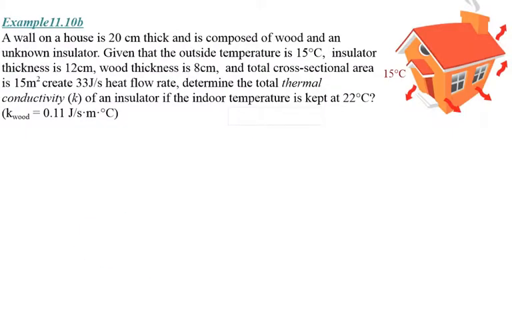In this question, they say a wall on a house is 20 centimeters thick and is composed of wood and an insulator. Given that the house temperature is 15 degrees Celsius, insulator thickness is 12 centimeters, wood thickness is 8 centimeters, and total cross-sectional area is 15 meters squared, and they give you a 33 joules per second heat flow rate, determine the total thermal conductivity K of the insulator if the indoor temperature is kept at 22 degrees Celsius.